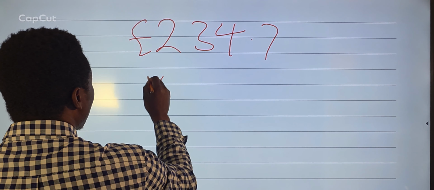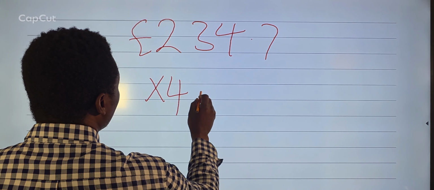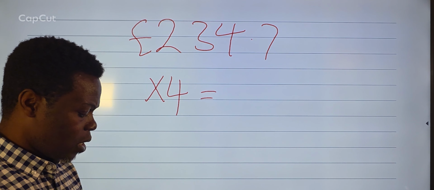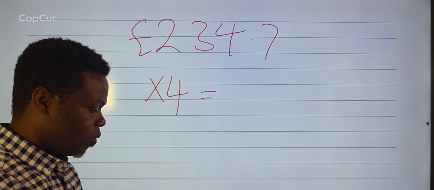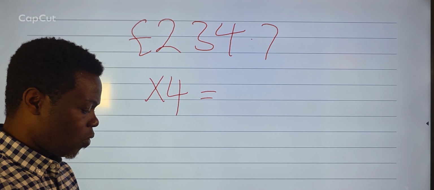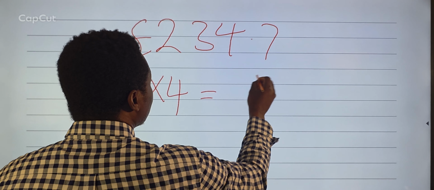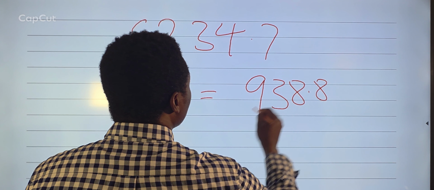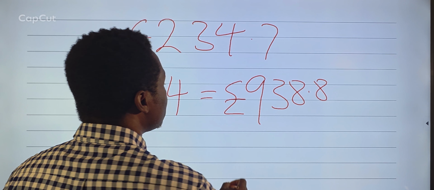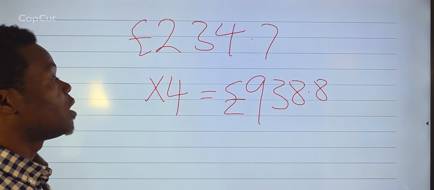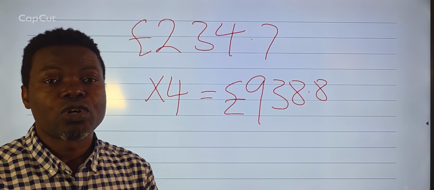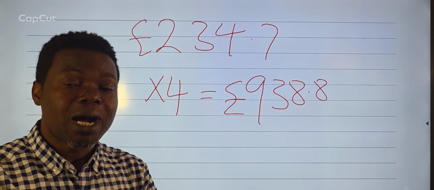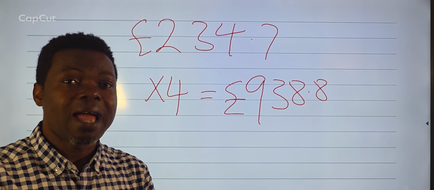If we multiply it by 4, let me use my calculator here, 234.7 times 4 will give us 938.8 pounds. This is the amount you are going to be receiving every month if you have contributed for the maximum number of 35 years.